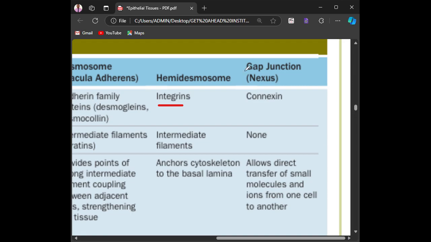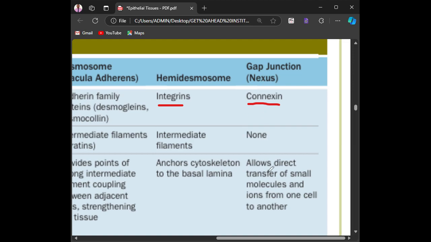And then we have the gap junction. This is one of the major cellular junctions that most students don't forget, the gap junction, also known as the nexus. It comprises a protein known as connexin, and it doesn't have any transmembrane link protein.